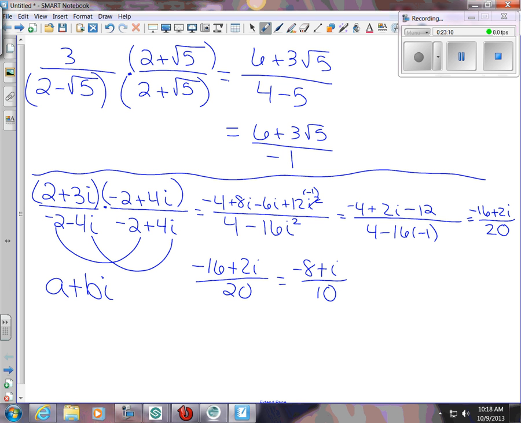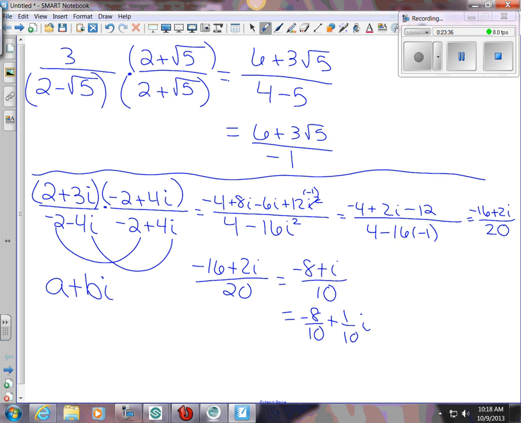So, no, you're making it way too hard. Okay, you ready? Yeah. That 10 is being divided into both of the pieces in the numerator. Agreed? All right, so we have negative 8/10 plus, what's the coefficient in front of the i if nothing's there? 1/10 i.